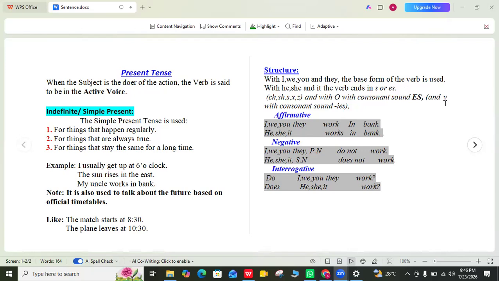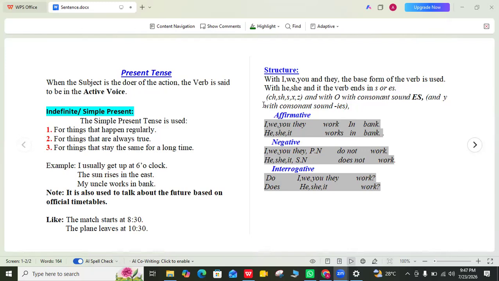It means, for example, if a word, I give you an example like play. So play, here you will not say plaies, because before y a vowel comes. So that's why you will just add s, so it would be plays.